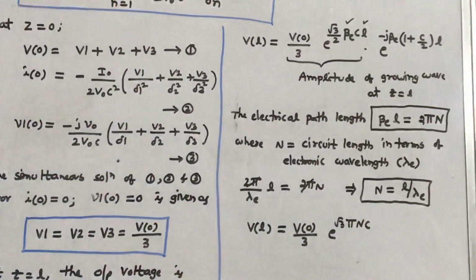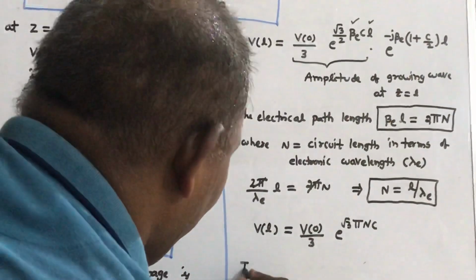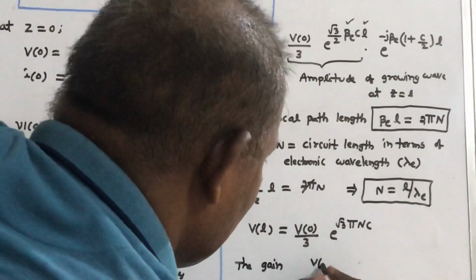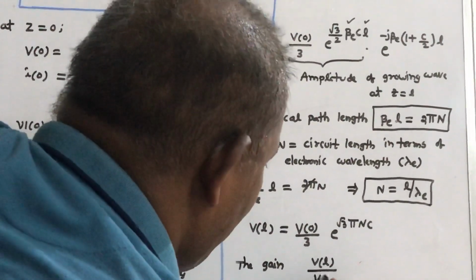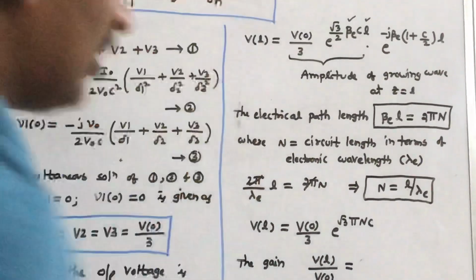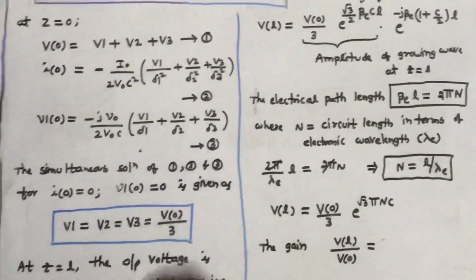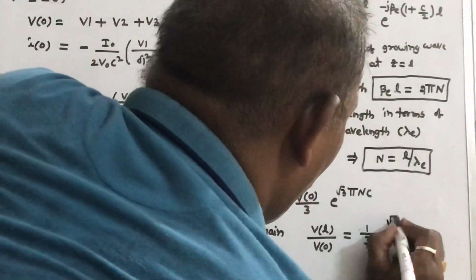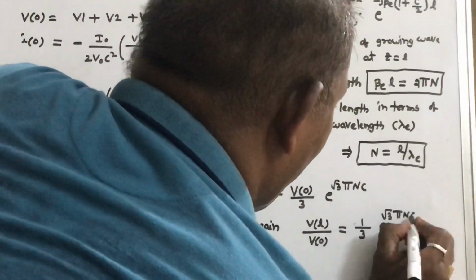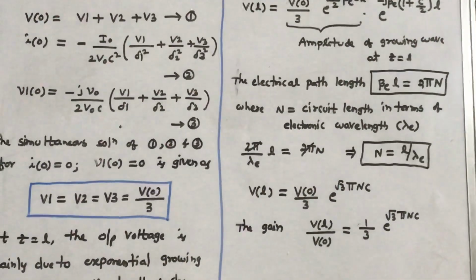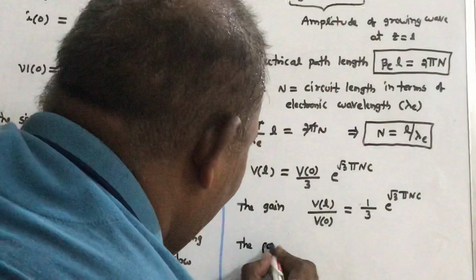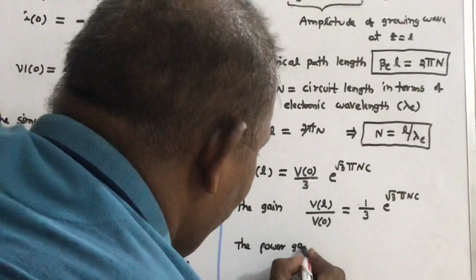Now, what is the gain? The gain of the amplifier is written as the output voltage by input voltage. The input voltage is V of 0, the output voltage is V of L, which is given by 1 by 3 into e power root 3 pi n C. Now what is the power gain of the circuit?